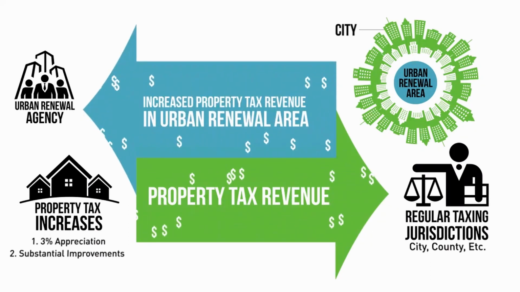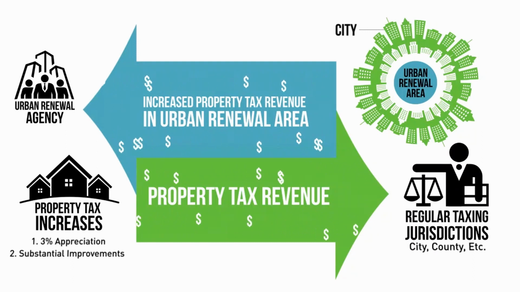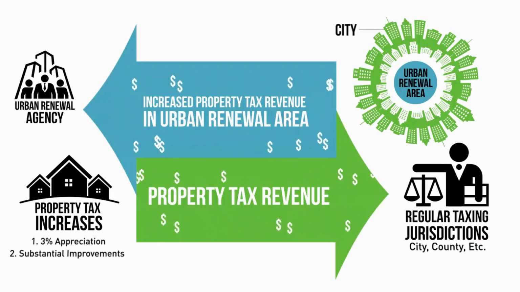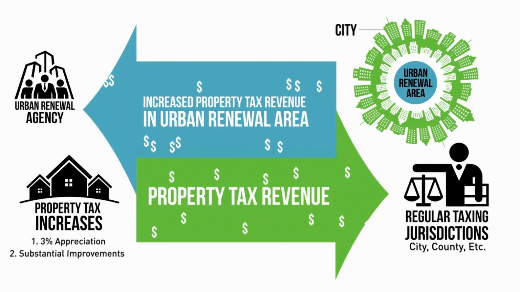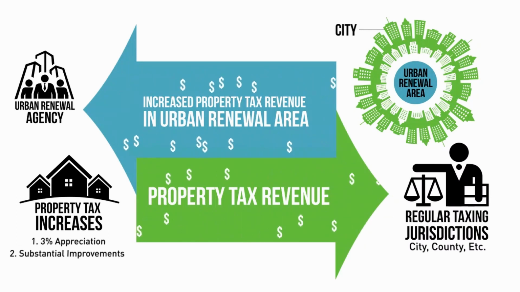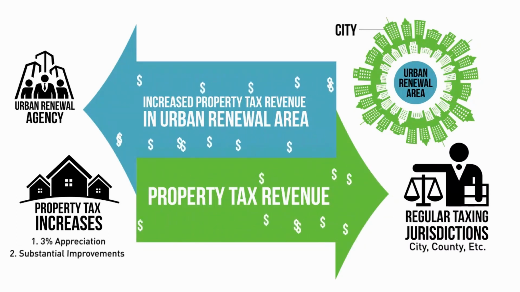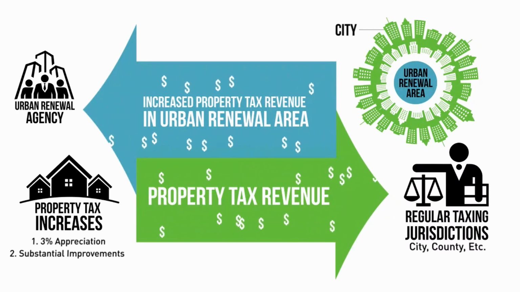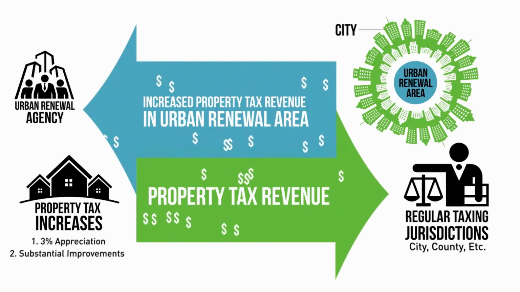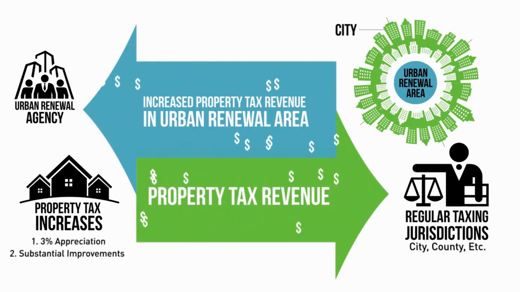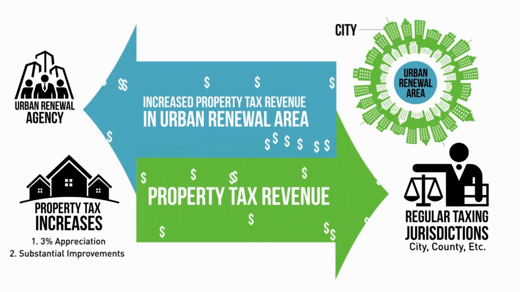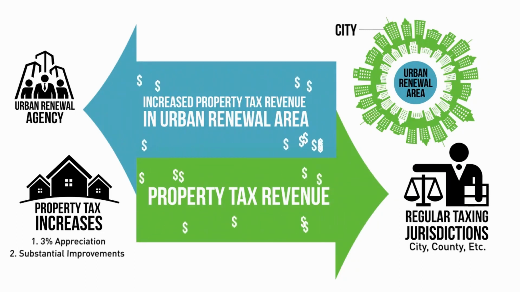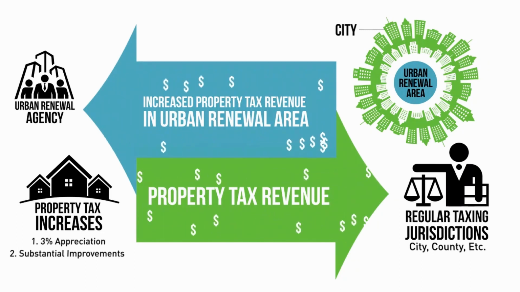Whatever amount of property tax revenue was generated by the properties inside the urban renewal area prior to the adoption of the urban renewal plan will continue to flow to the regular taxing districts. It is only the increases in revenue after the formation of the urban renewal area that will be redistributed to the urban renewal agency. This redistribution is referred to as the division of taxes.